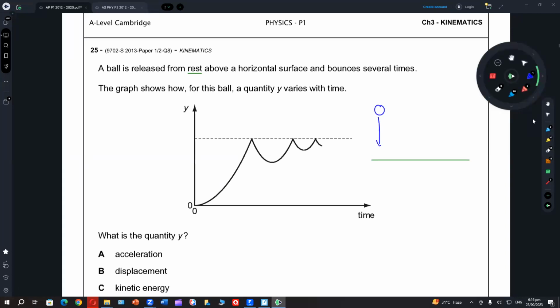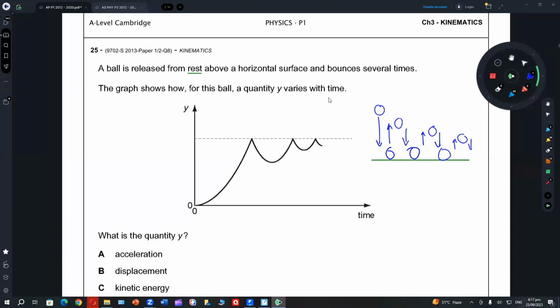The ball drops and rebounds, reaches a maximum position, drops, and rebounds. And then it comes down like this. Every time the rebound decreases.